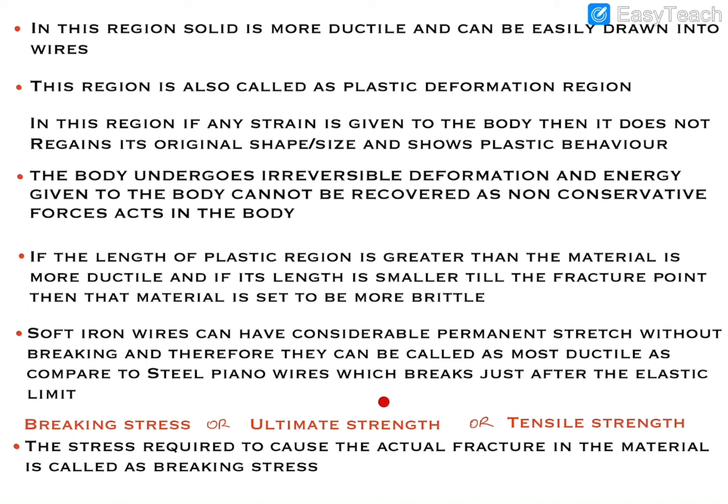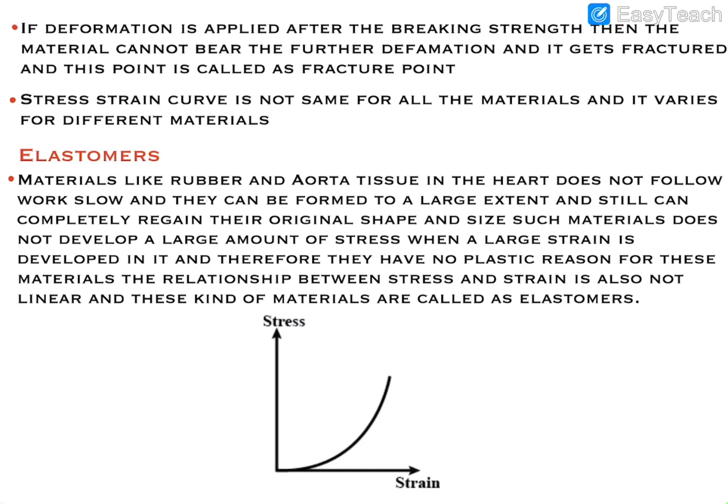Okay, so now we were discussing elastomers, and now we will discuss that the stress strain curve is not the same for all types of materials. In fact, materials like rubber and aorta tissue in the heart do not follow this stress strain relationship, as we have already discussed.